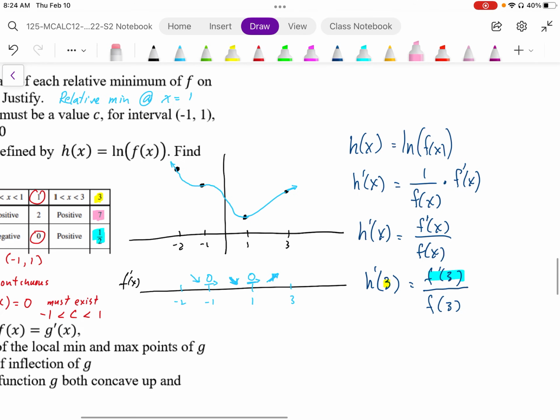Plugging those values from my table into my expression, h prime of 3 is equal to 1/2 over 7. So the derivative of the h graph at 3 is equal to 1 over 14.